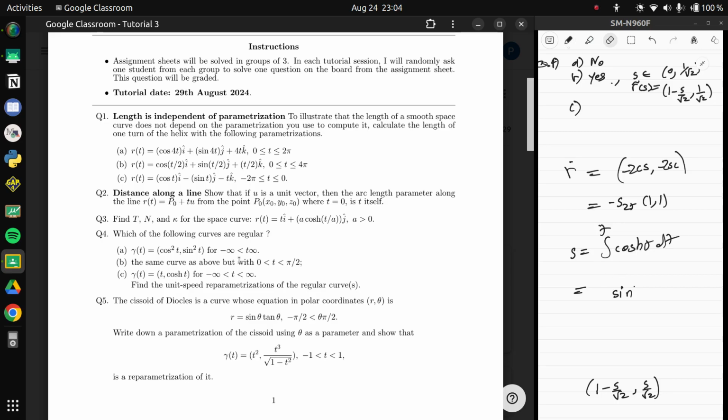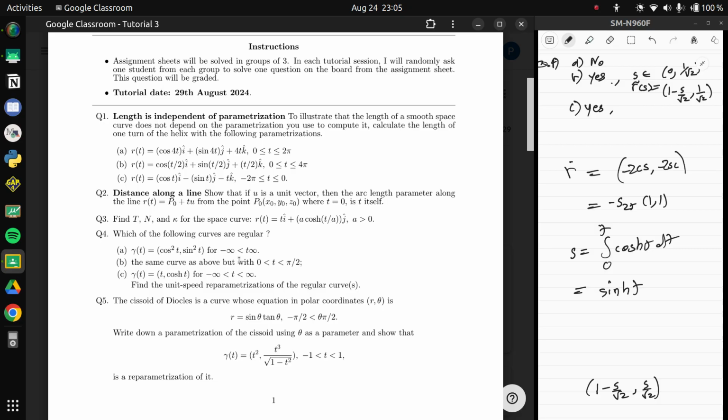So let's just start with 0. So this will be sinh of t going from 0 to t. So sinh at 0 is 0, sure. So it's just sinh of t in the end. That's the parameterization. S is sinh of t, right?